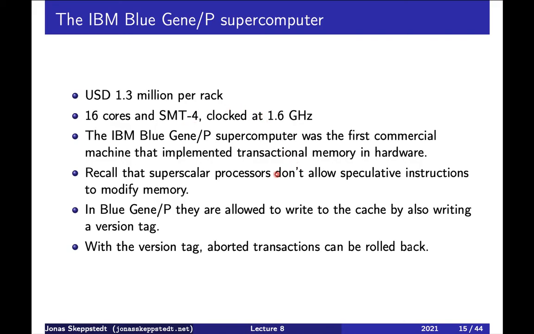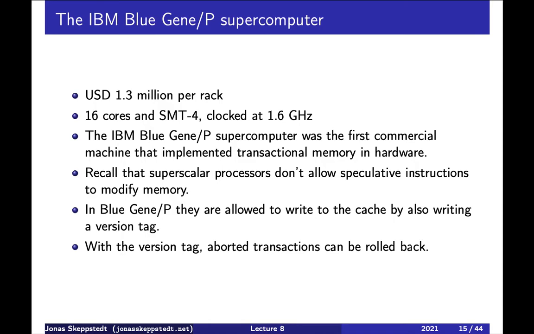So how can one do transactional memory in hardware? Note that superscalar CPUs, those which can start more than one instruction at the same clock cycle, have to run instructions speculatively, otherwise there is too little to do. But store instructions are not normally allowed to be speculated.